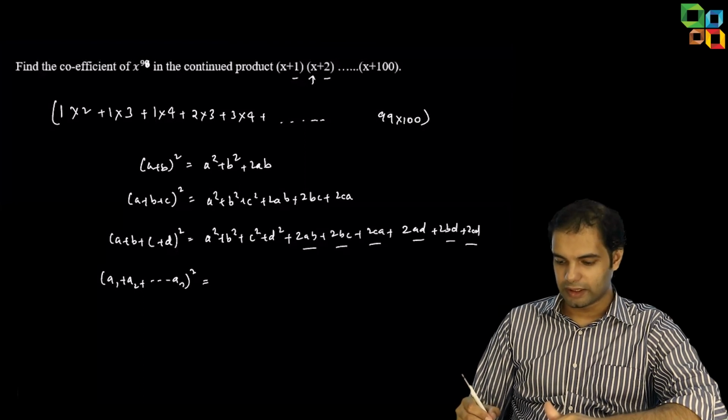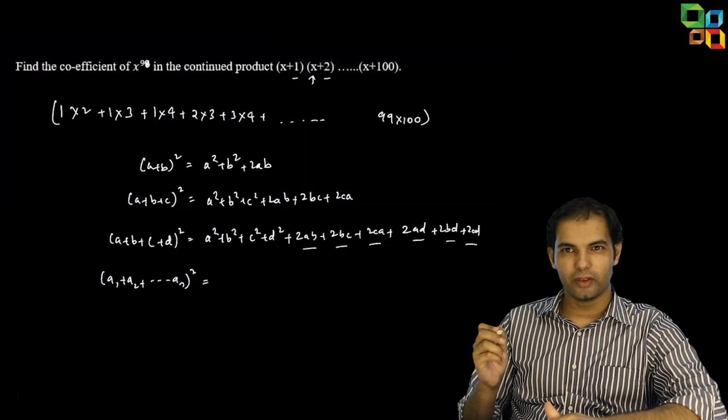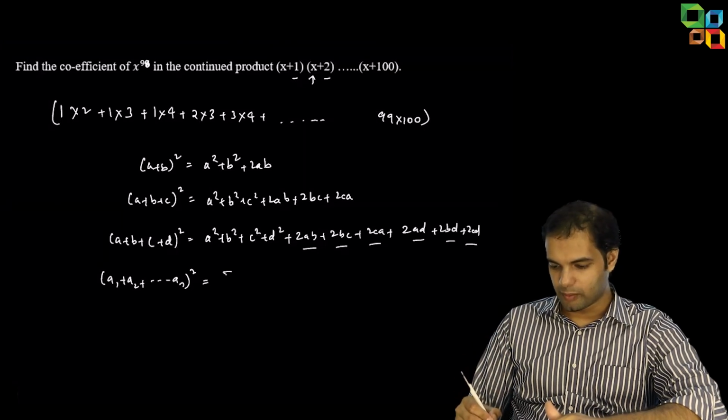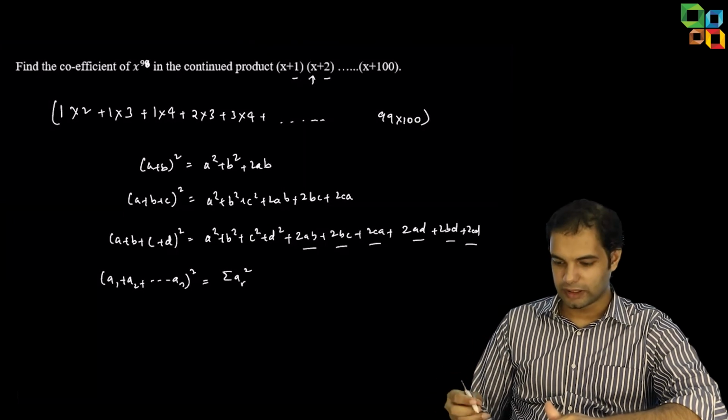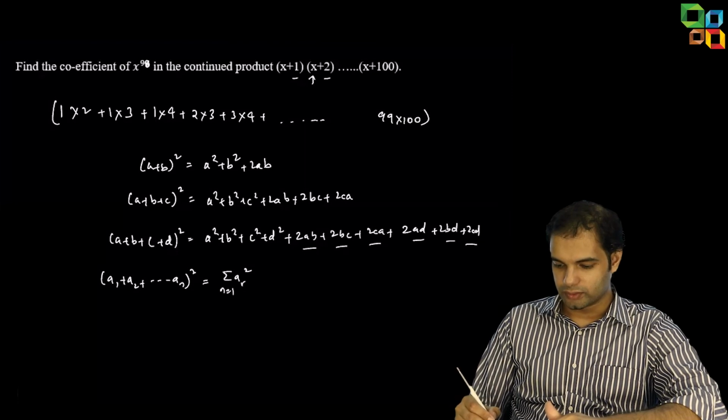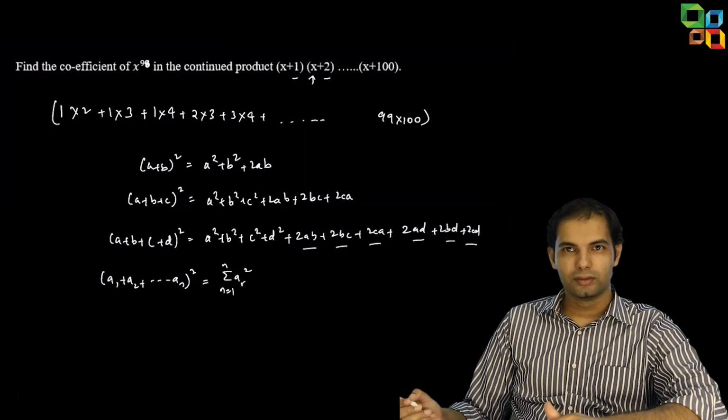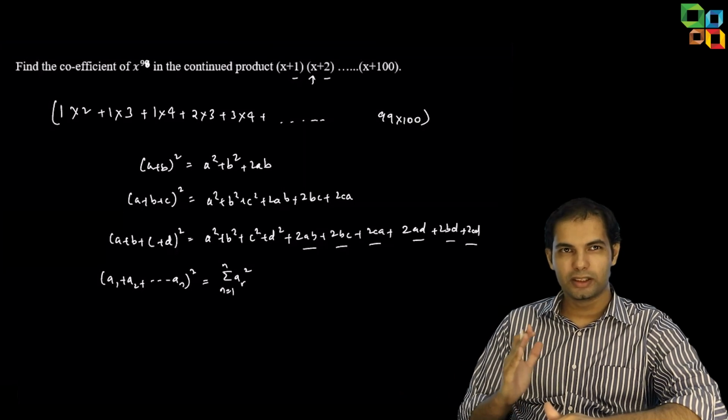Would it be something like the sum of all the squares of A1 up to AN? So can I write it as summation of A_R squared, R from 1 to N? Does it convey the same message?